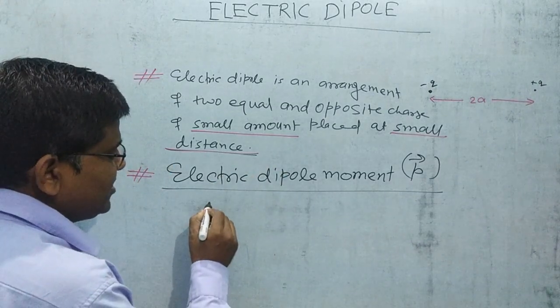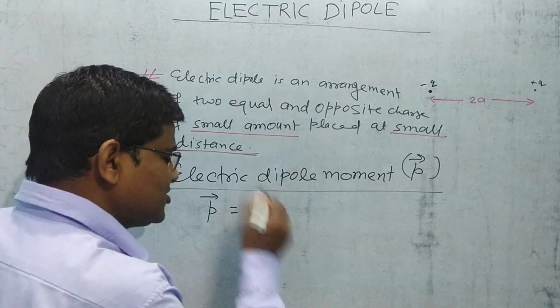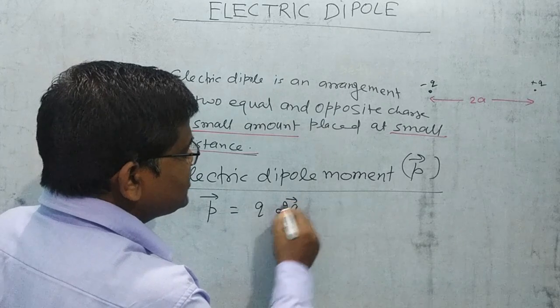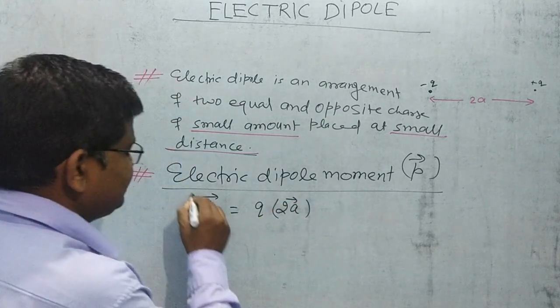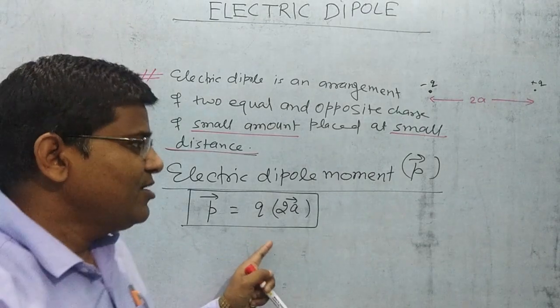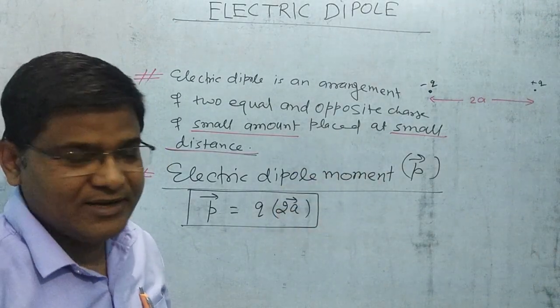This physical quantity is the product of either charge and the distance between these two charges. Electric dipole moment is a vector quantity.